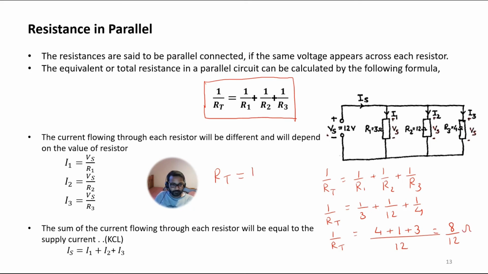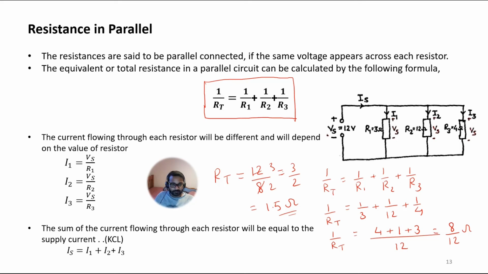If we take the reciprocal of that, we'll get 12 divided by 8, right? 4 twos are 8 and 4 threes are 12. So it's 3 over 2, or 1.5 ohms. This will be the total resistance of this circuit.